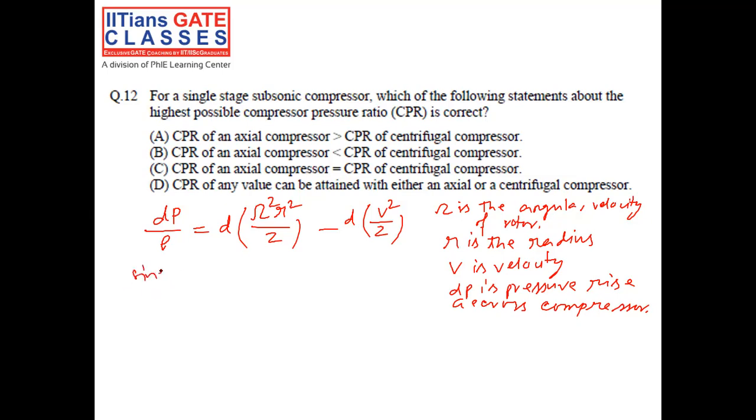Since R is constant for axial compressor, d of omega square r square by 2 equal to 0, and hence this pressure rise is solely contributed by the decreasing kinetic energy of the flow inside the compressor. Whereas in centrifugal compressor, r is variable, r is not constant.